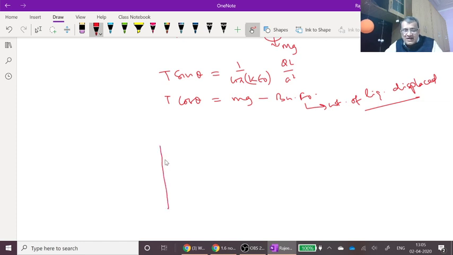initially, they are suspended at a distance of 5 centimeter. But then what happens is they come somewhere here.